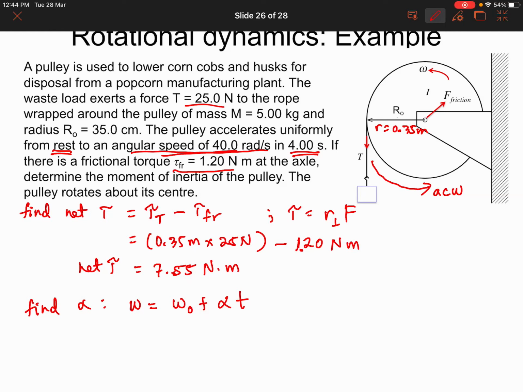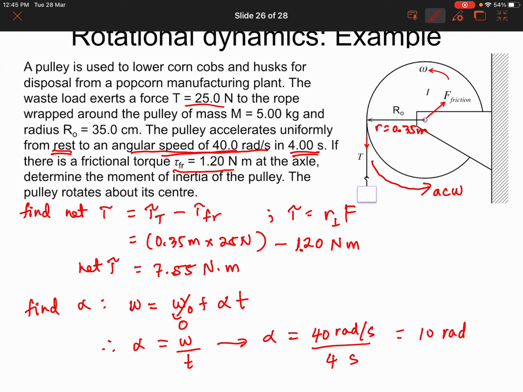Initial angular velocity is 0, therefore we can find angular acceleration as final angular velocity over time, which we already know. So alpha is equal to 40 radians per second divided by 4 seconds, which is 10 radians per second squared.